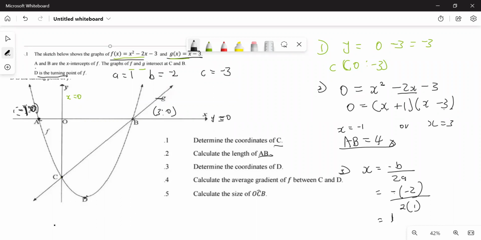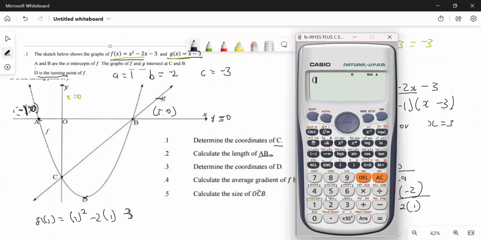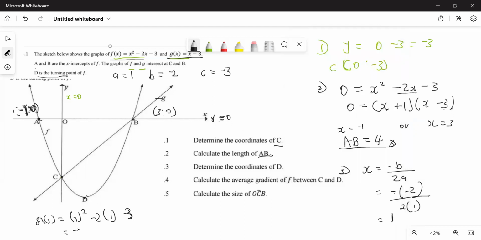We're going to get it by saying we have f of 1, meaning everywhere we see x, we're going to put 1. Then you have 1 all squared minus 2 multiplied by 1, minus 3. If you type this in your calculator, you get minus 4.